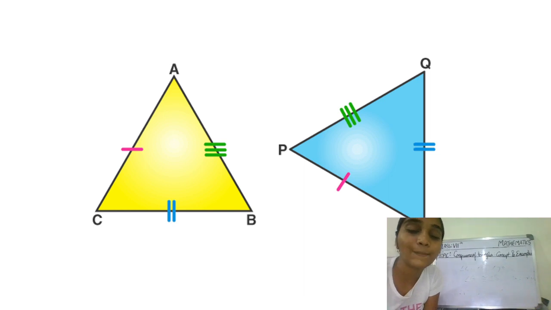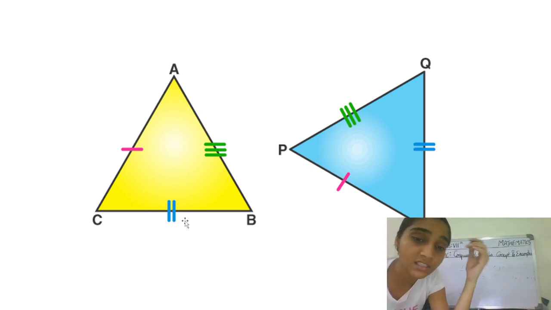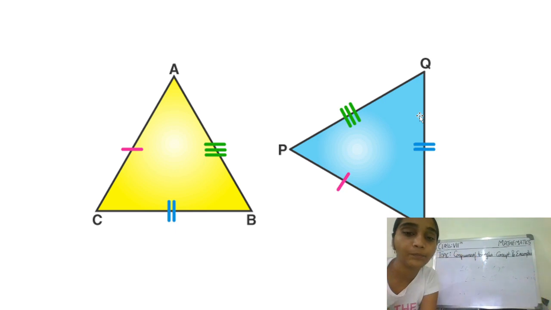Now students, focus on these two triangles. Are you able to see something? Yes, you are seeing the two triangles ABC and PQR, where some of the sides are given equal. That pink one, AC, is equal to PR, and from triangle ABC, side BC is equal to side QR of triangle PQR.